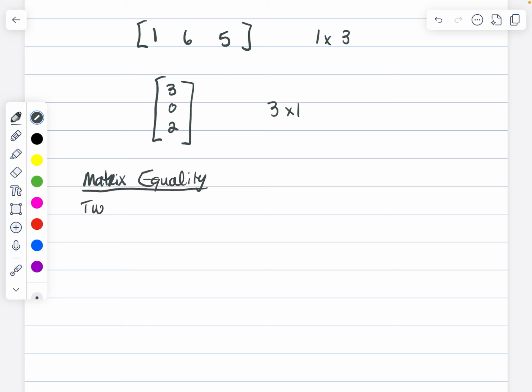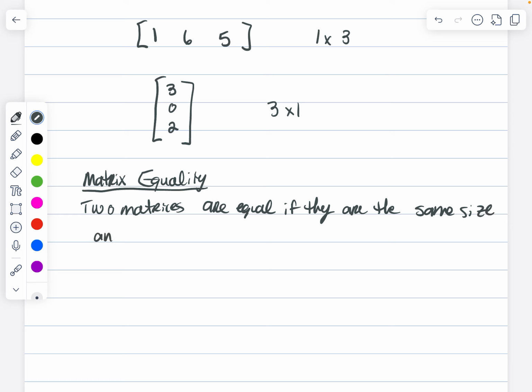Two matrices are equal if they are the same size and if each pair of corresponding elements are equal.